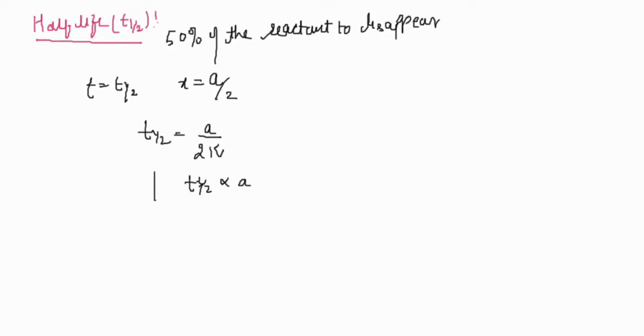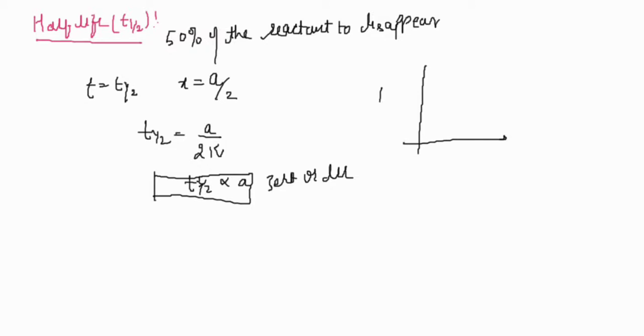That is for zero order reaction. We will see a general relation of t half versus a for nth order later; right now it is for zero order. If we draw a curve between t half and a, we'll see it is a straight line passing through the origin.